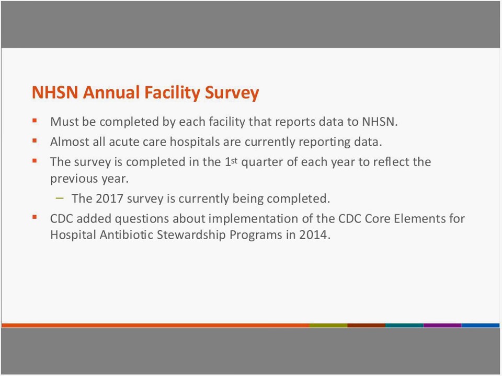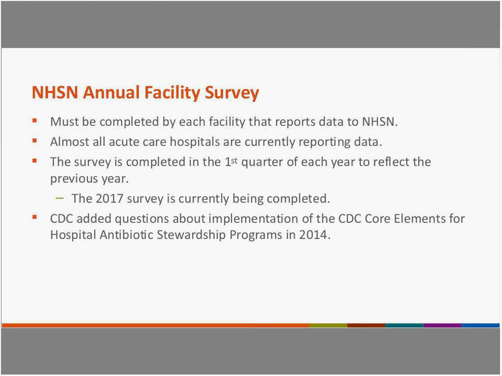Most of you know that every year we administer through the National Healthcare Safety Network a survey of all the facilities that report data into NHSN, including all of the 4,000 plus hospitals that report data into NHSN. Every facility that wants to report into NHSN must complete this annual facility survey.